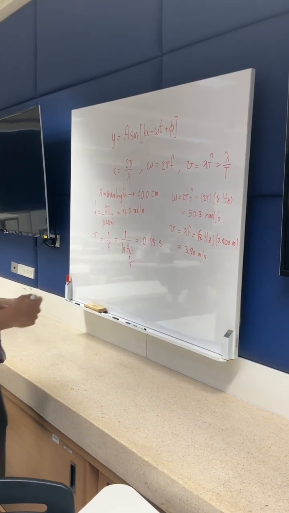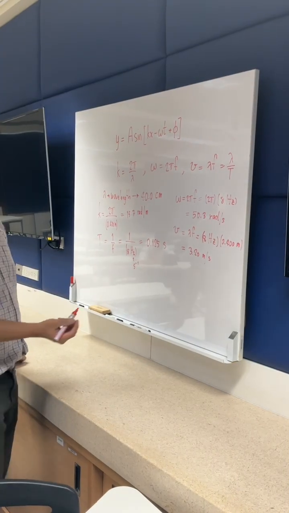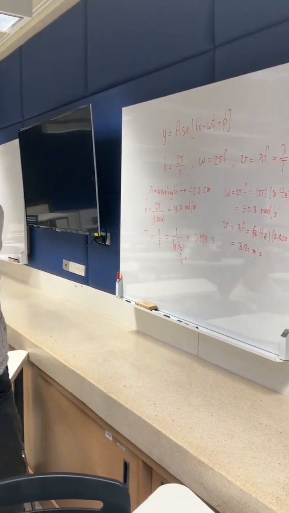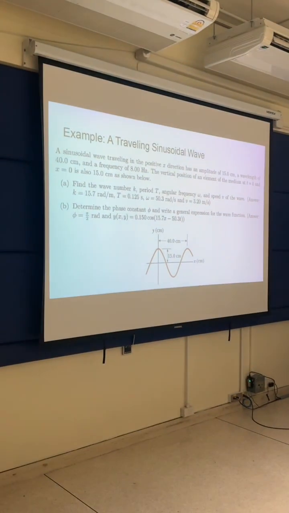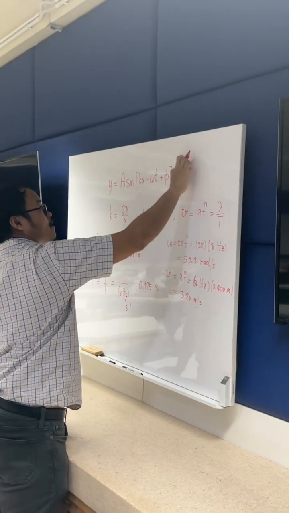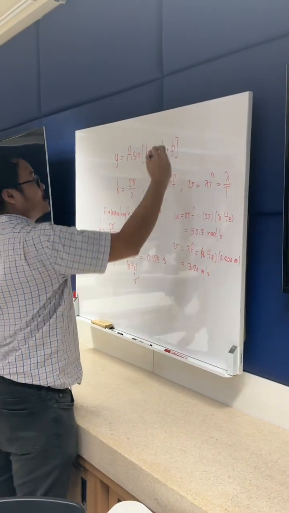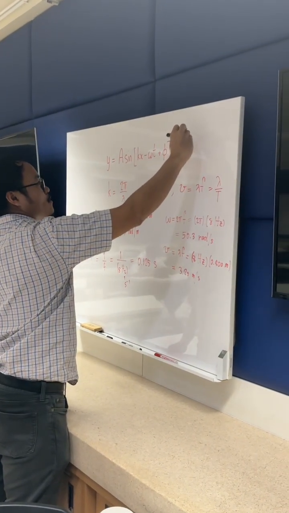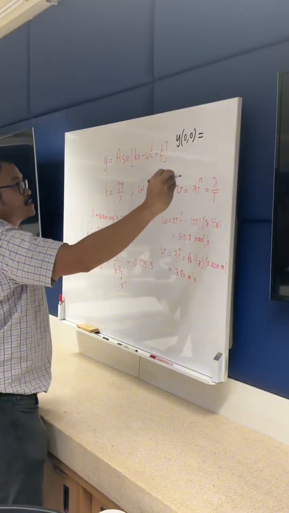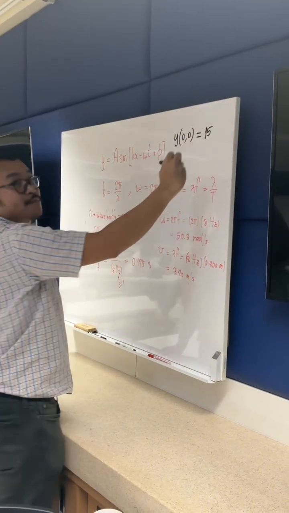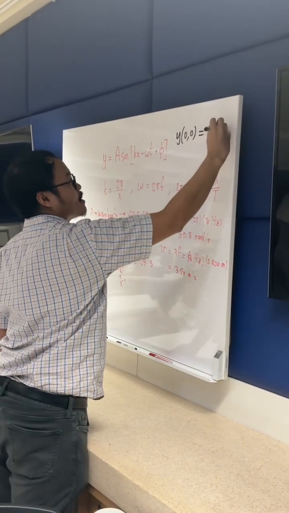Okay, so for the phase constant, right? This is a little more involved. So we just look at the expression. The pen is dead, so let's do a new pen. We know that y(0,0) is 15.0 centimeters.